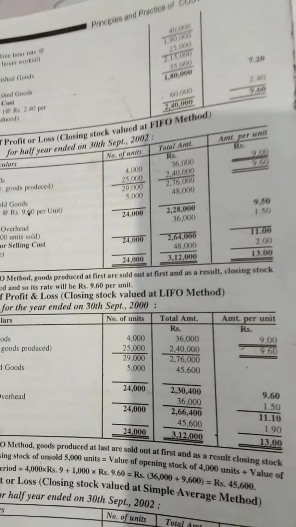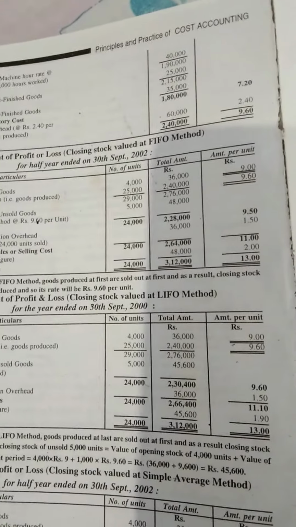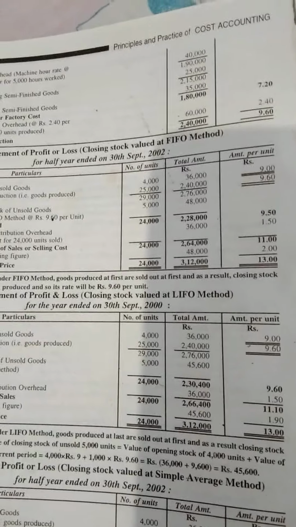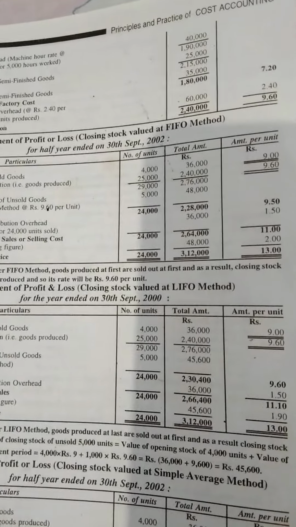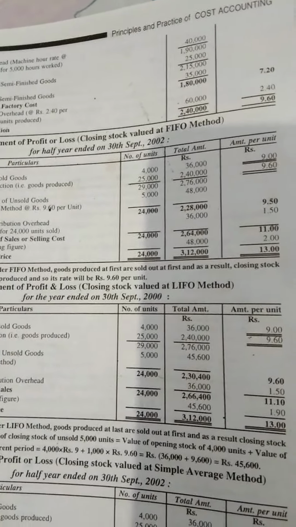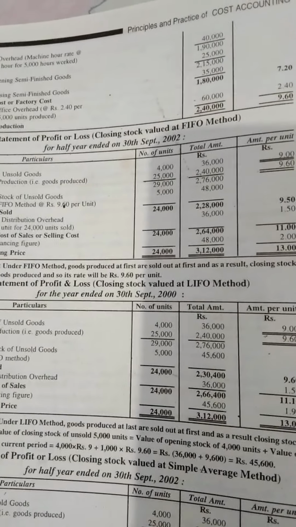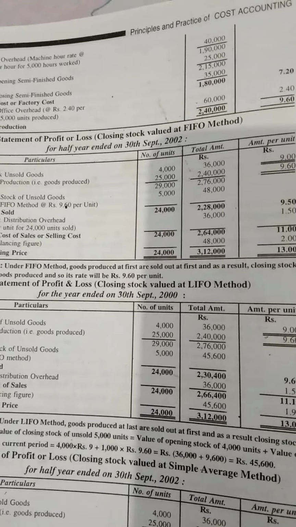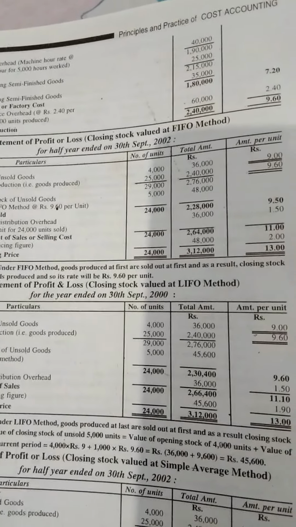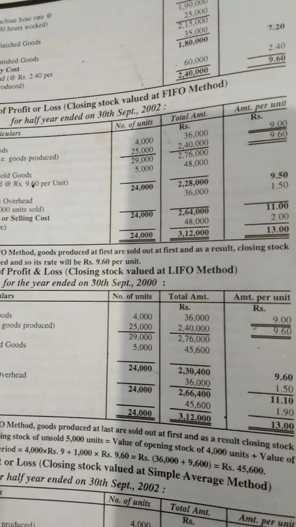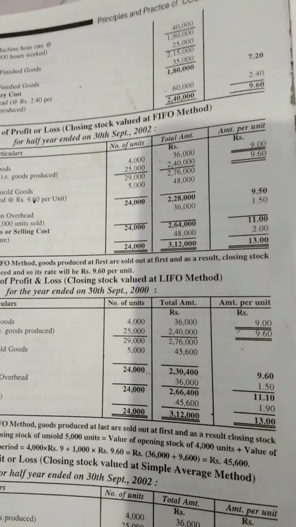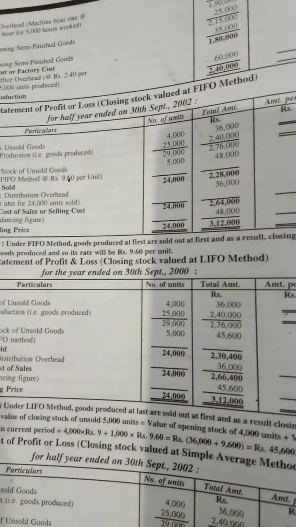Now again I am telling, FIFO method means first in first out. The goods which came earlier, the finished goods, have been sold, and the closing stock represents the goods from current production, and the current cost of production per unit we have calculated is 9.60. That's why it is multiplied by that value.